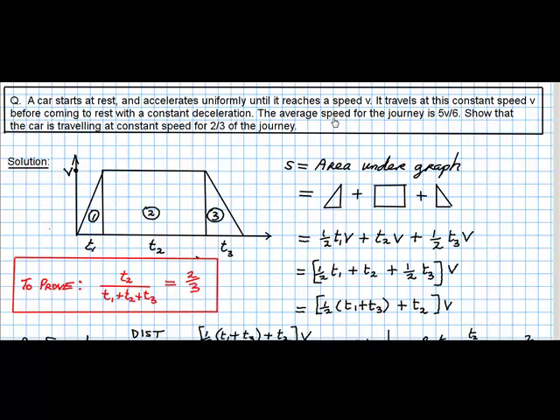Again, 2/3 of the journey is t2 over the total time. So at every stage in the question, they only mention speed, distance, and time. That's a clue, as it were. We don't need to get into accelerations, because it's only introducing extra variables. So watch out for things like that in an exam, to keep your unknowns down to the minimum. So let's get started.